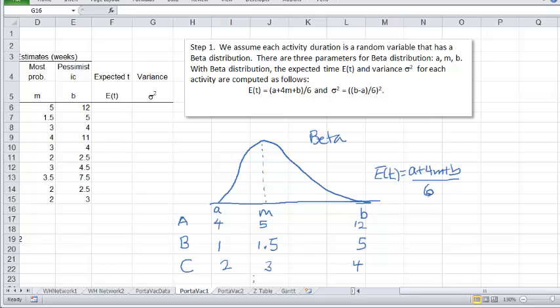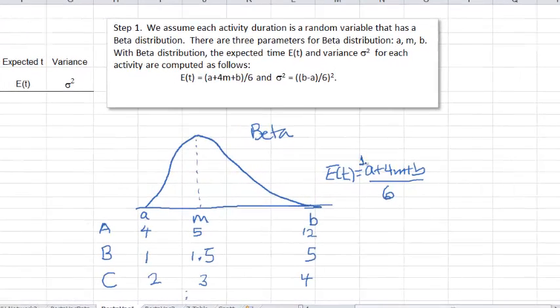That's basically the weighted average of A, M, and B. The weight for A is 1, the weight for B is 1, and the weight for M is 4. And here 6 is the sum of the weights, 1 plus 4 plus 1. Okay, and the variance is B minus A, over 6, and square the result.